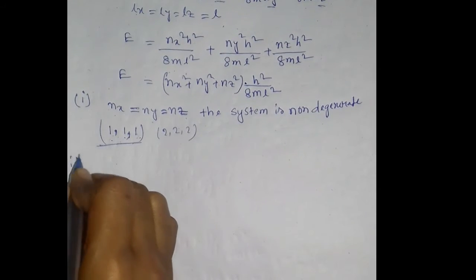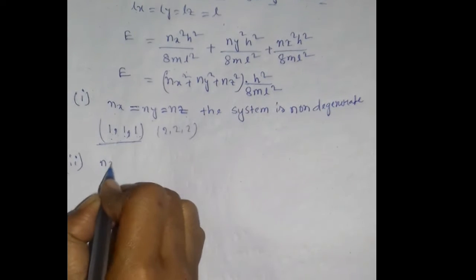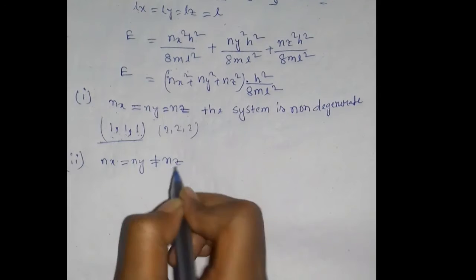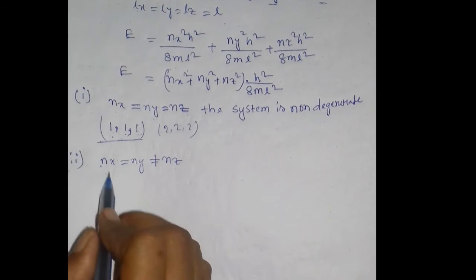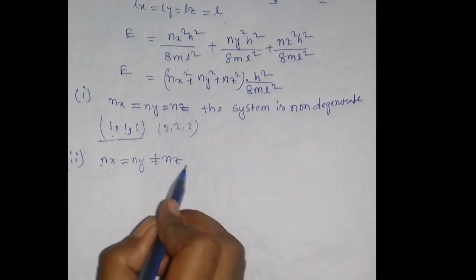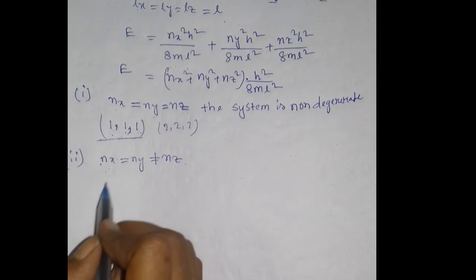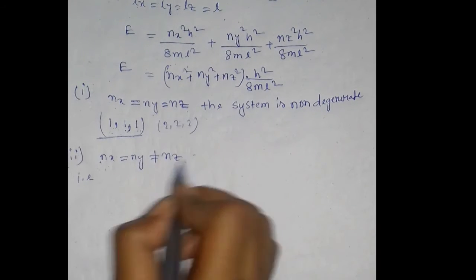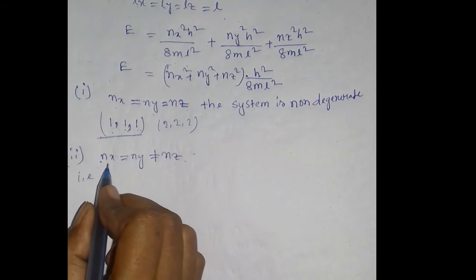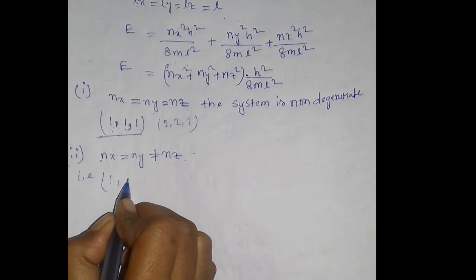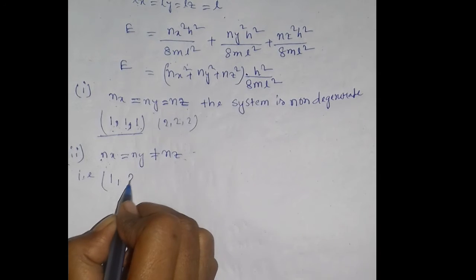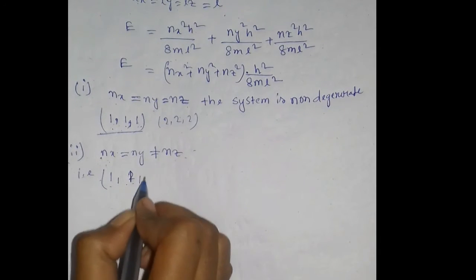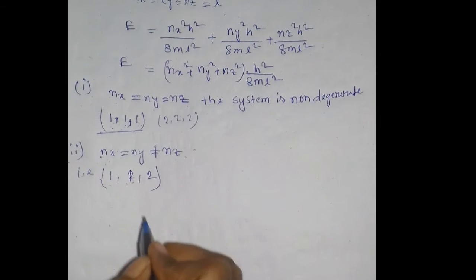In case 2, nx equals ny not equals nz. That means any two quantum numbers are equal but the third one is different. As an example, suppose nx and ny are equal to 1, 1 and nz is 2.